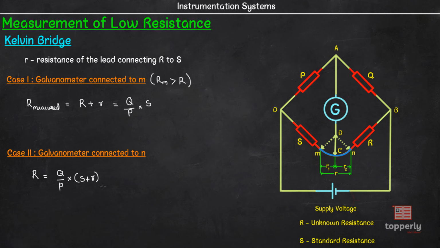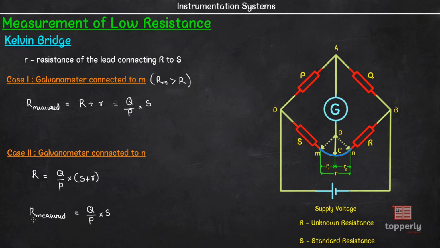But remember that we do not know the value of lead resistance small r, and the person who performs the experiment is ignorant of it. So he or she will calculate R measured equal to Q by P into S. That is, since the person performing the experiment is ignorant of the lead resistance and doesn't know its value, while calculating, the small r is not added to S.